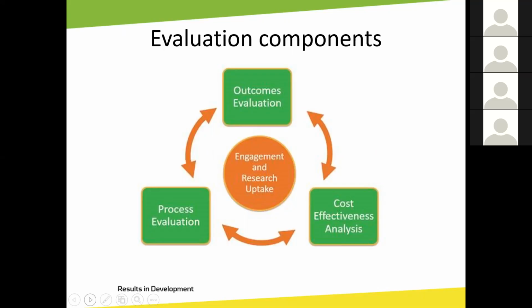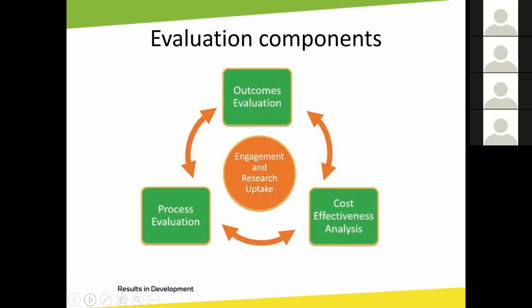There's a process evaluation which is trying to look at what actually happened in practice during the course of the A360 intervention over time, and that's a mixed methods approach to evaluation, both combining primary data and secondary data and a combination of methods.